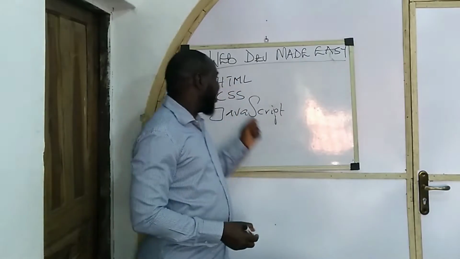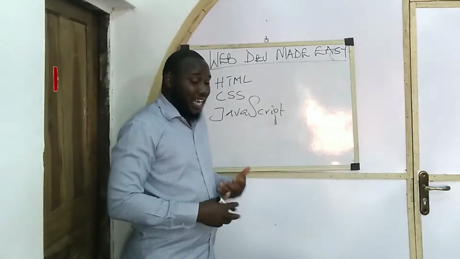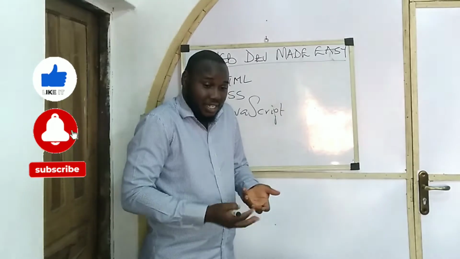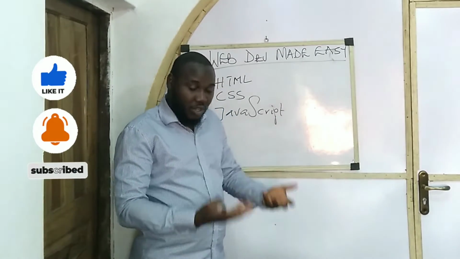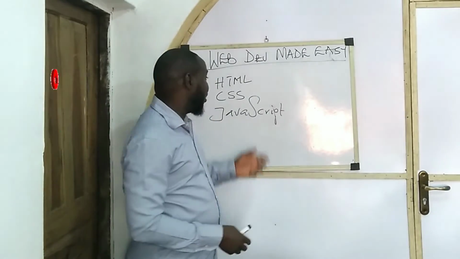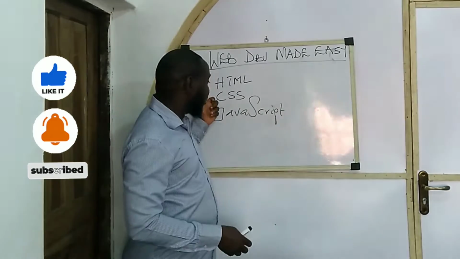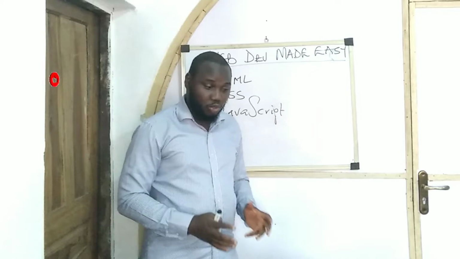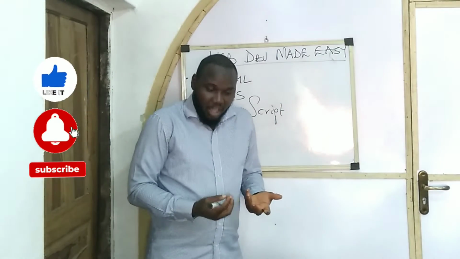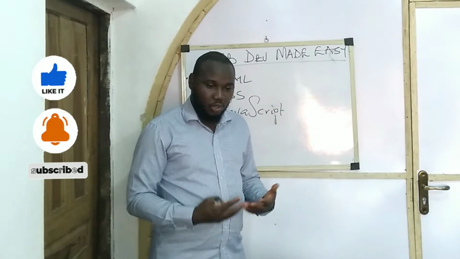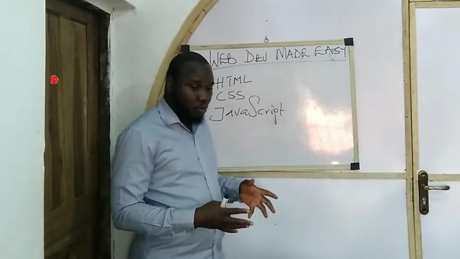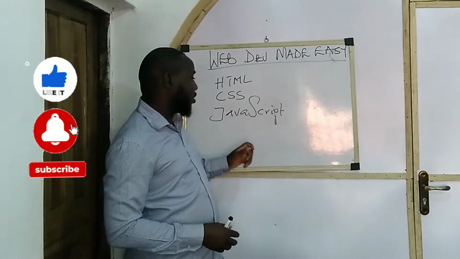So it means that if you want to write the code that your website is written on, you need to know how to code your HTML, your CSS, and your JavaScript. You need to do that. You really need to understand, even at the basic level, how to code your HTML, your CSS, and JavaScript.